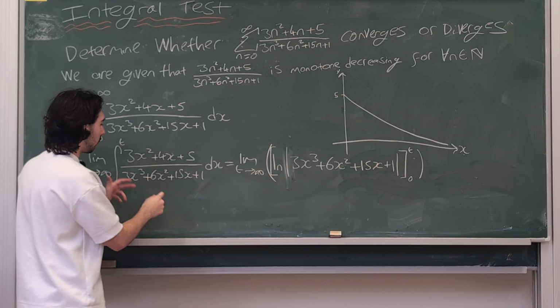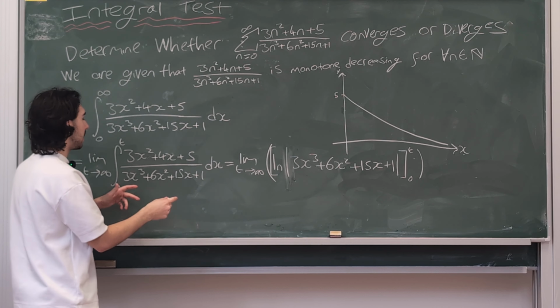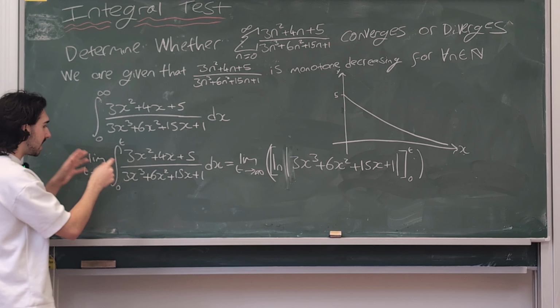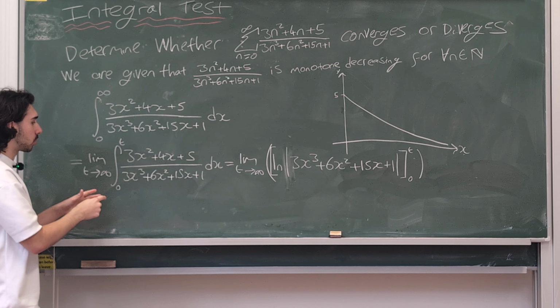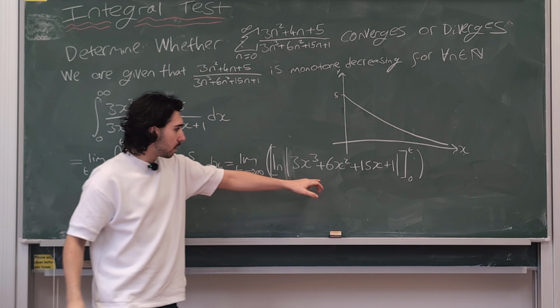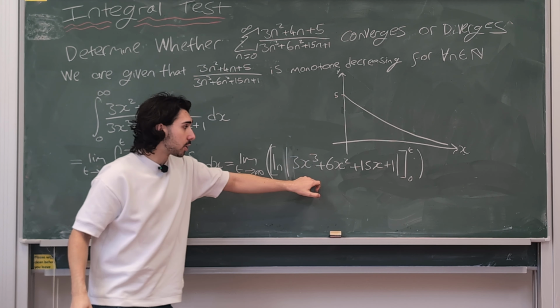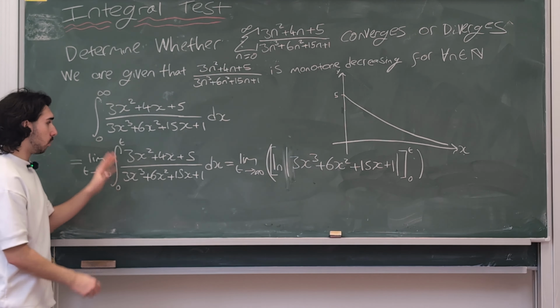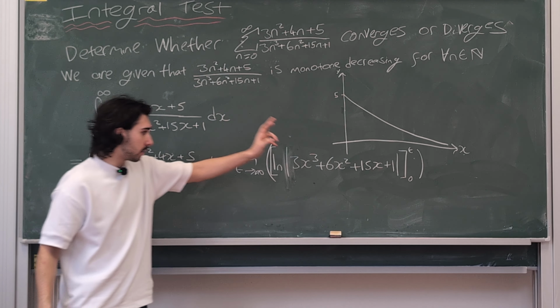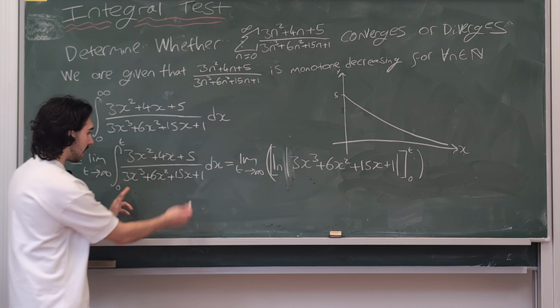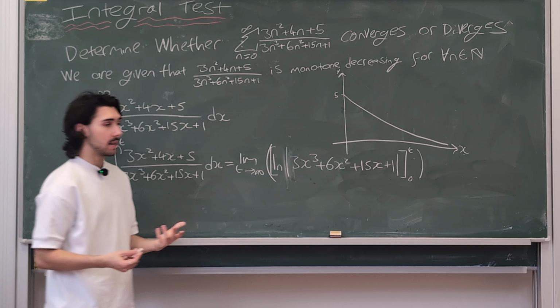The derivative of the denominator ends up being 3 times the numerator. So if we were to differentiate this, we would actually get 3 times what we should get here. So the derivative of this is 3 times this, so we need to divide it by 3.